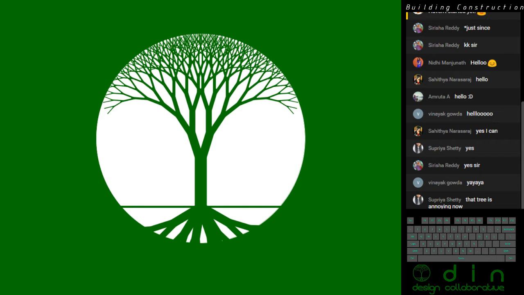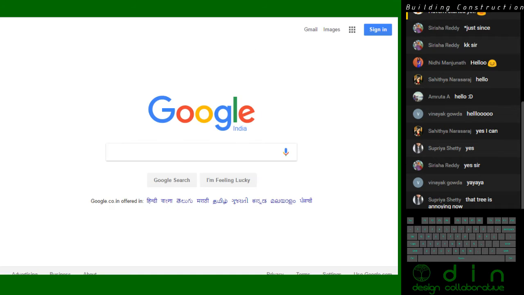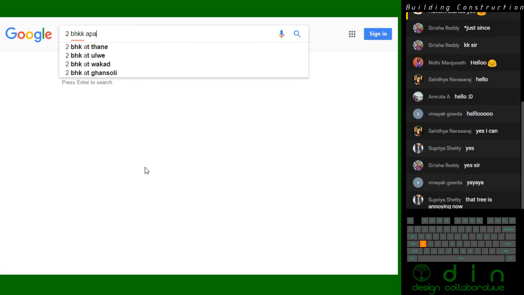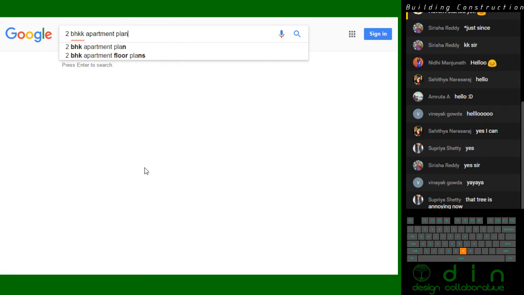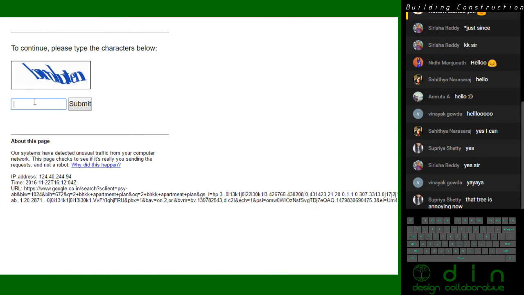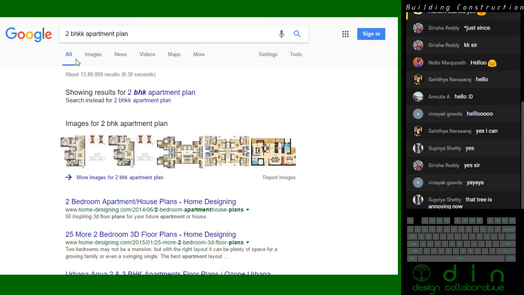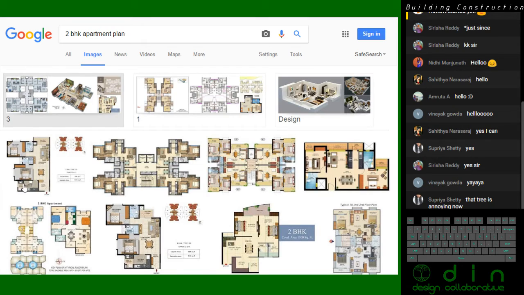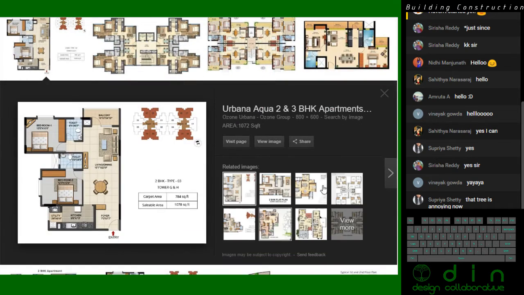To begin with, let's find ourselves a decent plan, let's say a 2 BHK apartment plan. I'm just choosing a random one, literally the first one.